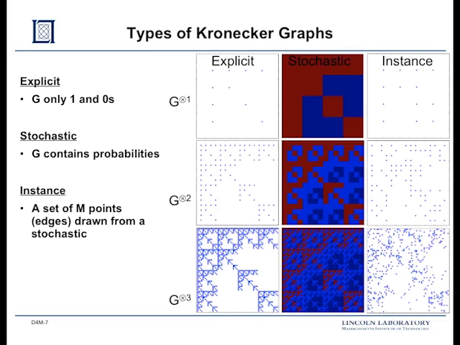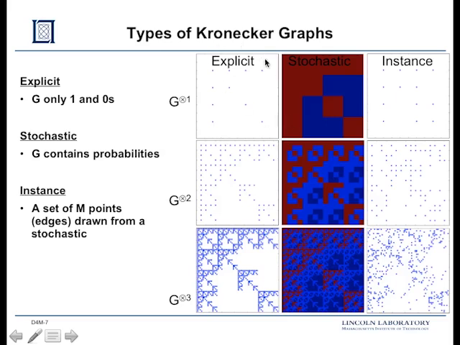The Kronecker graph itself has several different types, which I call here explicit, stochastic, and instance. If I just set the coefficients of the Kronecker graph to be 1s and 0s, and I Kronecker out, I will get structures that look like this. This is a Kronecker graph that is essentially bipartite, starting with what you would call a star graph, and then a diagonal.